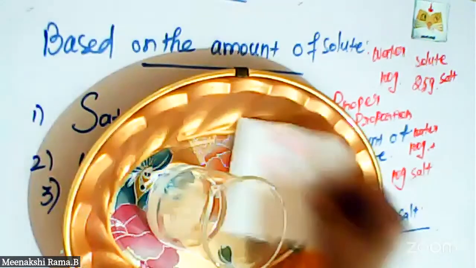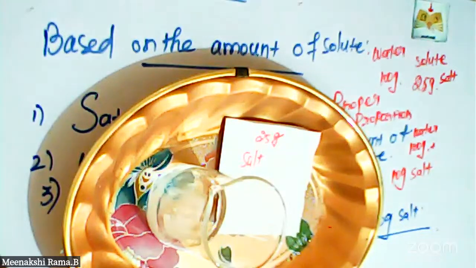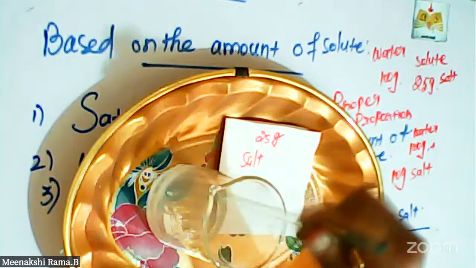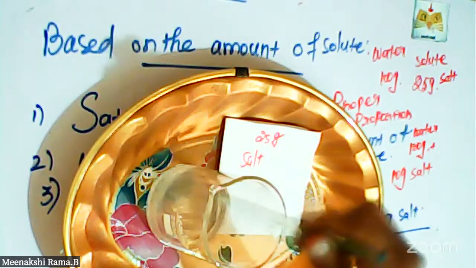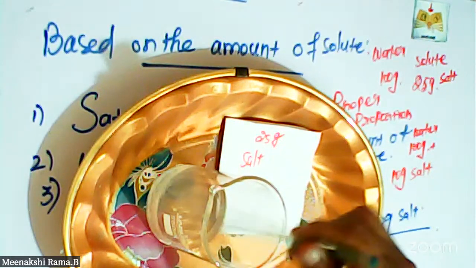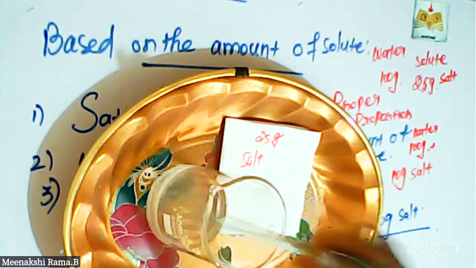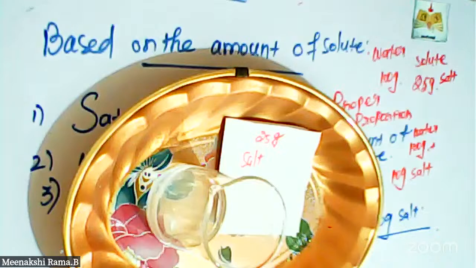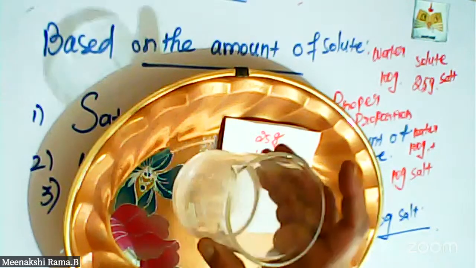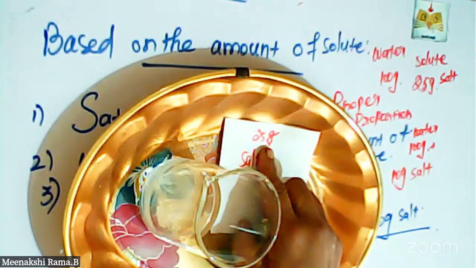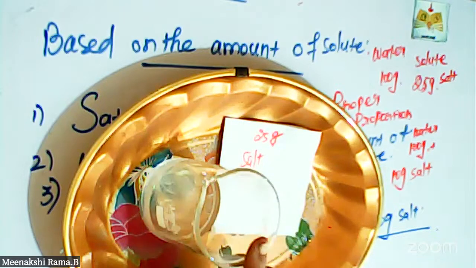The salt is completely dissolved. When I'm stirring, the salt is completely dissolved in the 100 ml of water. So this solution is called a saturated solution because the solute amount is the normal quantity. 25 gram is the proper proportion.